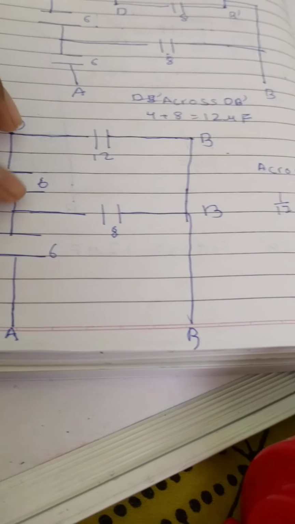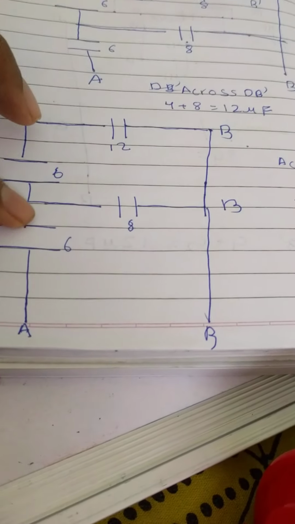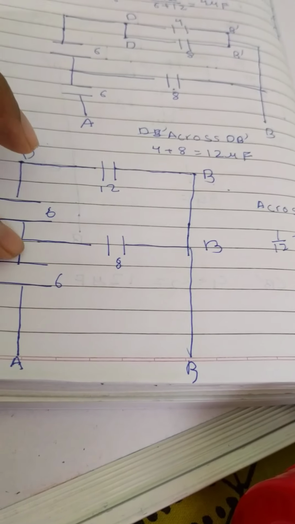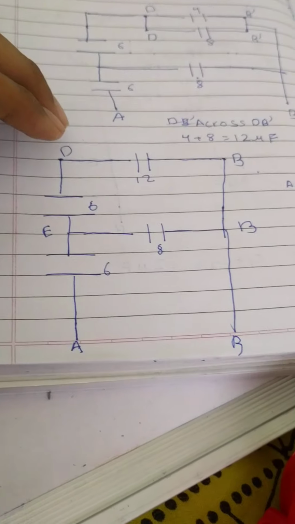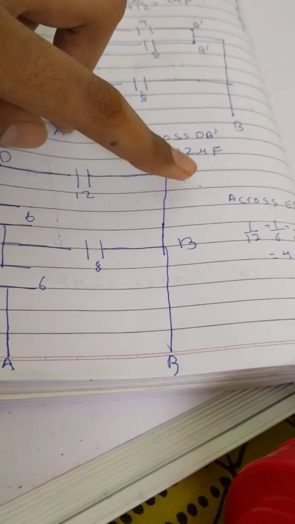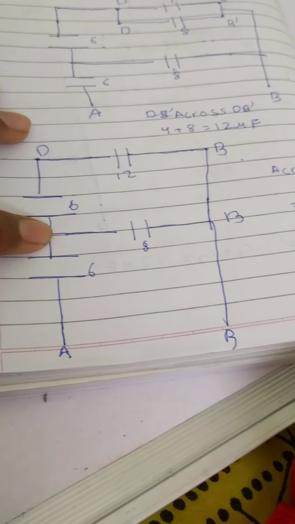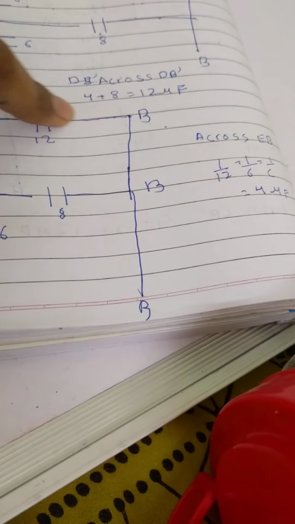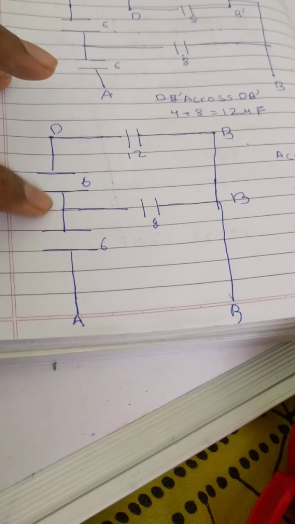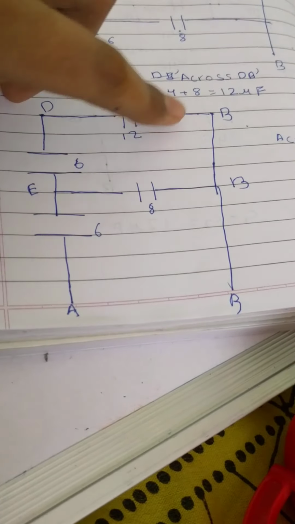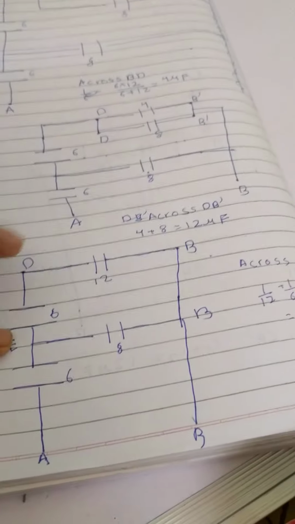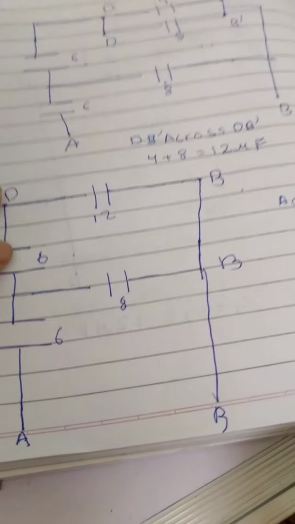I'm talking about E to B. E is this part and this. Across this is the wire. Are these two in series or parallel? No, this one from E to B, not like this. Of course in series, because there is no junction in between them.